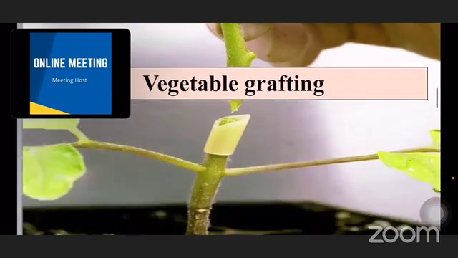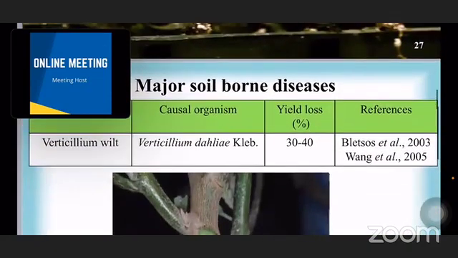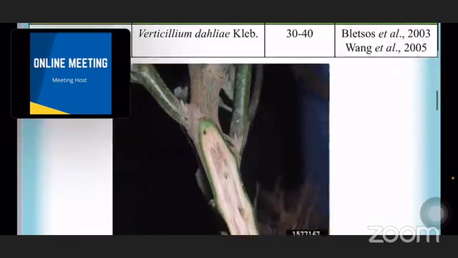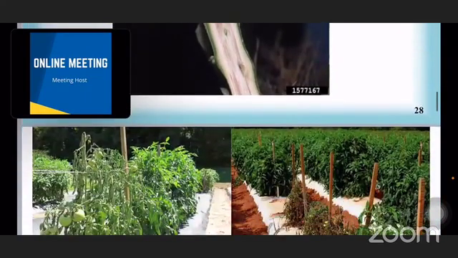That is vegetable grafting. We are seeing many major soil-borne pathogens. Even if we use many chemicals and resistant hybrids and varieties, we cannot control them completely. Like Verticillium wilt, it causes about 30 to 40% yield loss in solanaceous vegetables.